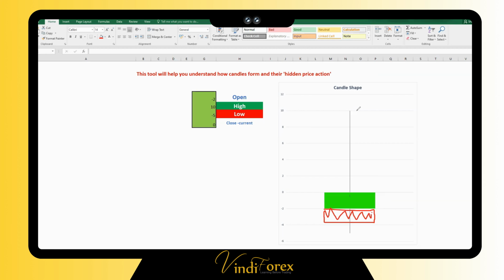This is telling us that yes, the buyers got rejected, right? It's a big rejection. They failed, but they are still there. A small portion of them is still showing, but they failed to maintain that 10 that they had.